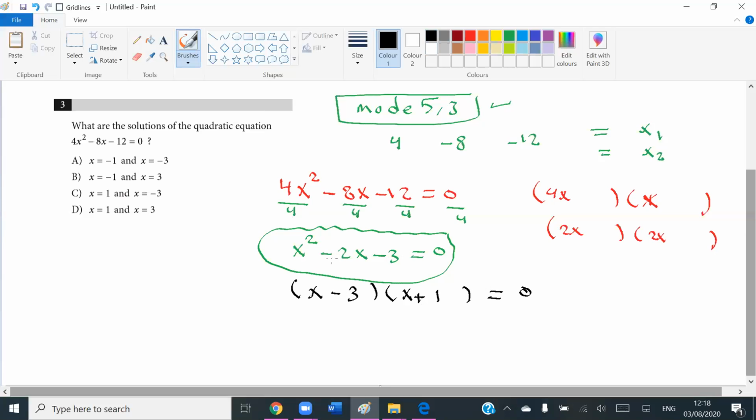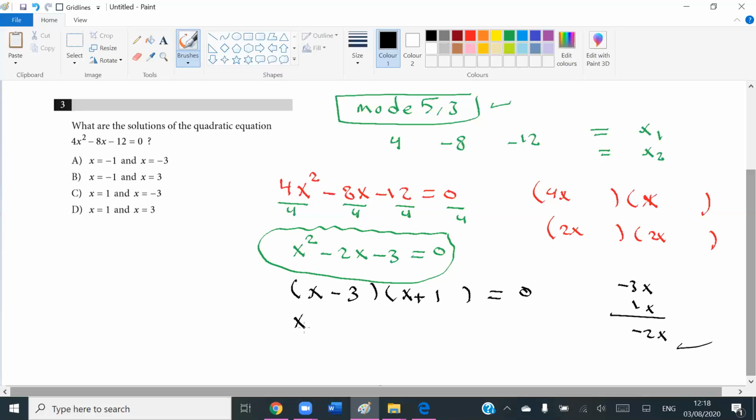And of course, you can also check your answer another way. If you multiply negative 3 times x, you will get negative 3x. And if you multiply x times 1, it will be 1x. If you add together negative 3x plus 1x, it will be negative 2x, like the middle term, so your answer is correct. So now we have x minus 3, x plus 1 equals 0.